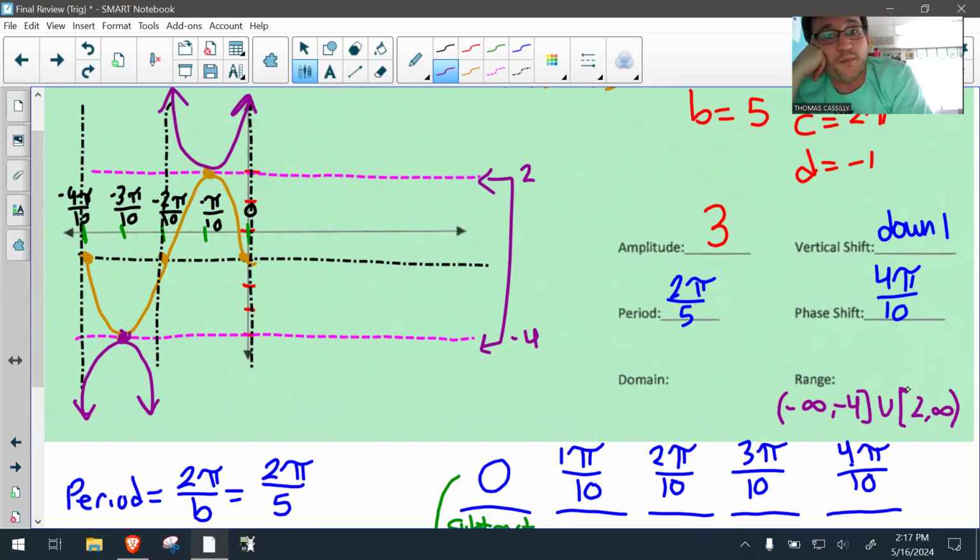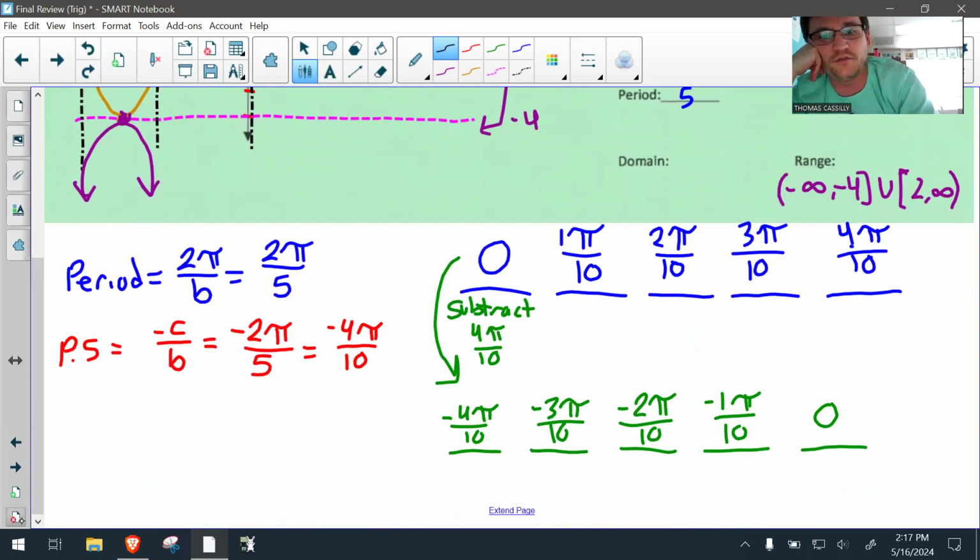Now, the domain, this is where it gets a little tricky. Look at those asymptotes. Where are those asymptotes? There is an asymptote here, here, and here. So we have to come up with a pattern for these. If you notice, the 2, 4, if we had kept going, it would have been 6, then 8, and 0, then plus 2, plus 4.